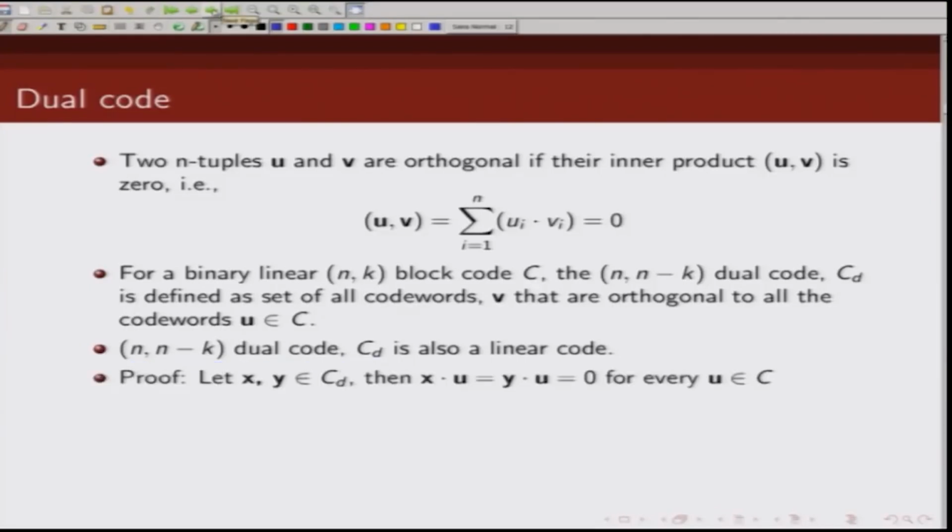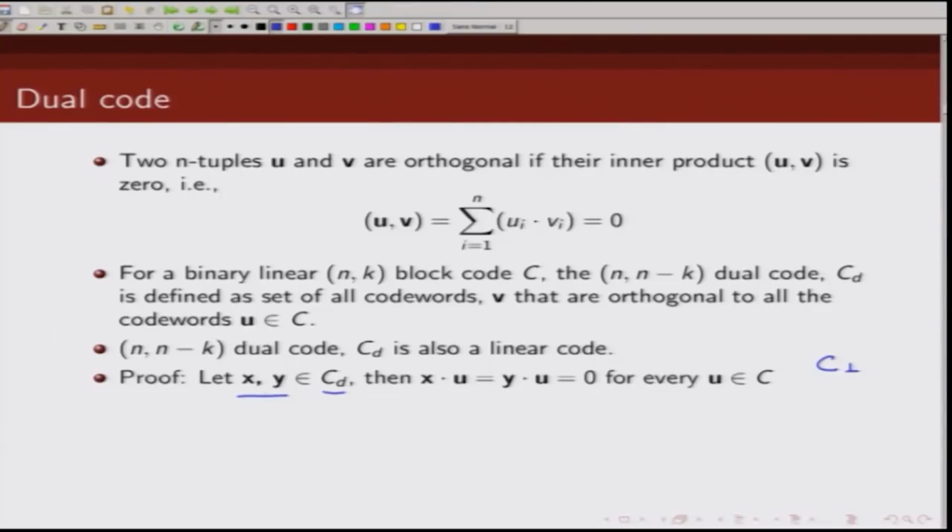So, let us take x and y to be code words which belong to the dual code of C, which we are denoting by C^D. Sometimes people use this notation also for the dual.